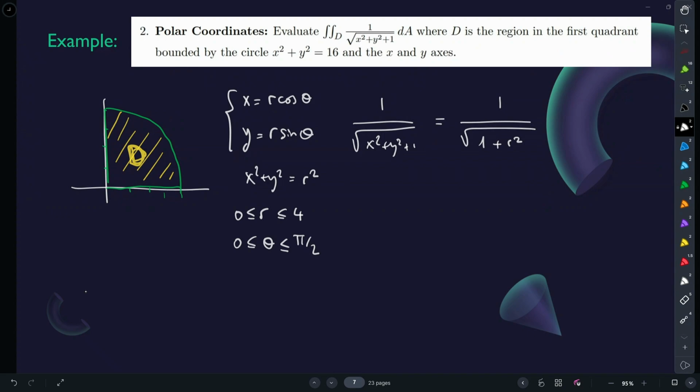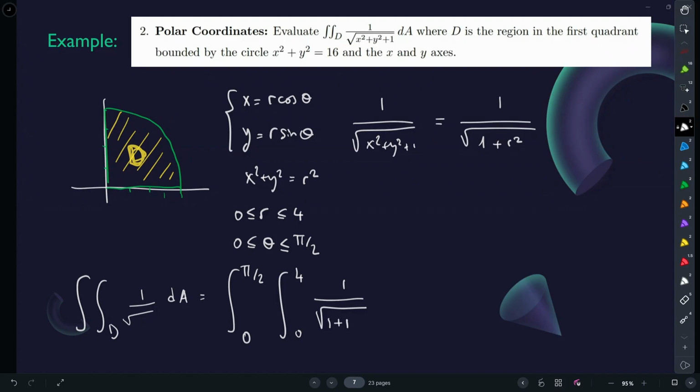So the integral of that function dA is going to be in polar: theta goes from 0 to pi over 2, r goes from 0 to 4. We are going to integrate 1 over the square root of 1 plus r squared, and I have to multiply by the conversion factor, which is r, dr d theta.